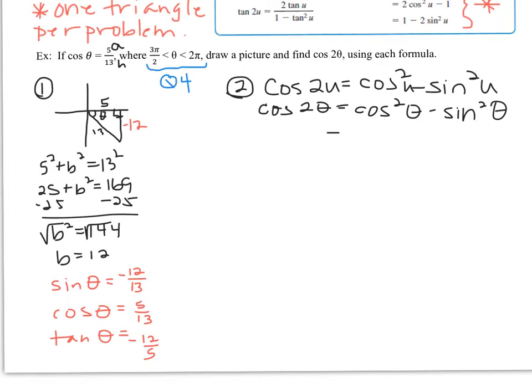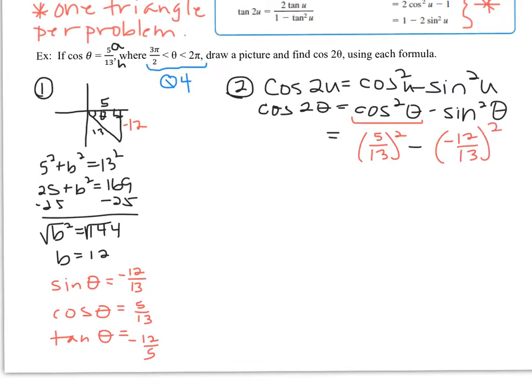To evaluate, we take cosine, which we already know, and we're going to square it. Cosine is 5/13, so I'm going to take 5/13 and square it. Minus sine squared. Sine was negative 12/13, so I'm going to make sure to put that in parentheses, and we'll square that one as well.